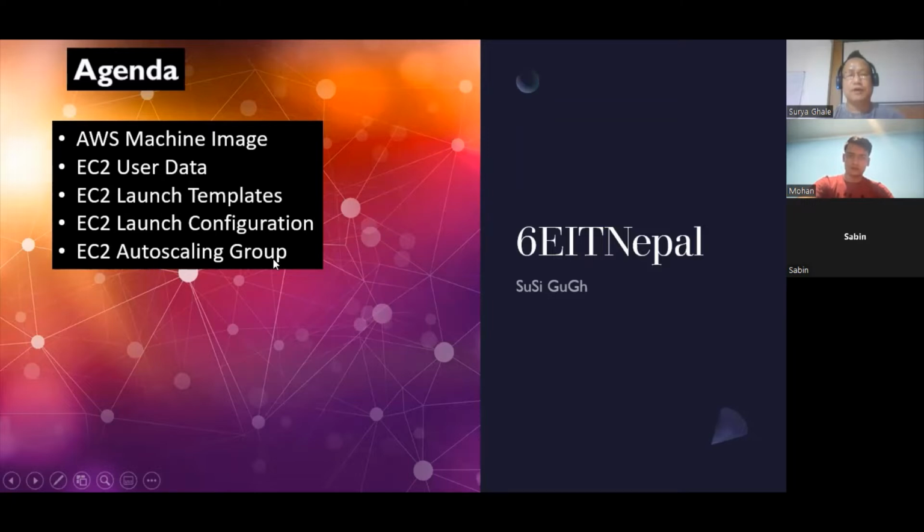Now, the EC2 auto scaling group. This is called ASG. What does ASG mean? You know what HA is? High availability. What happens in HA is, let's take an example of an application, let's take this AWS only.